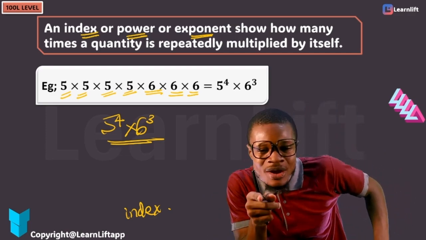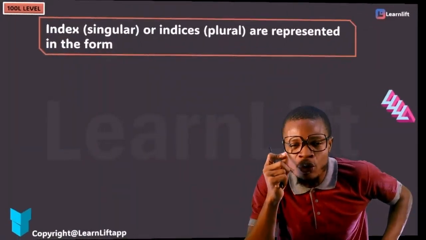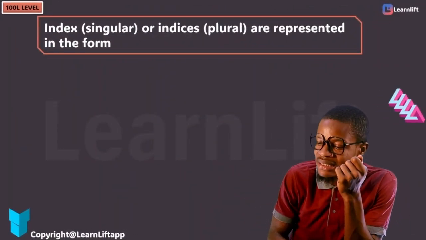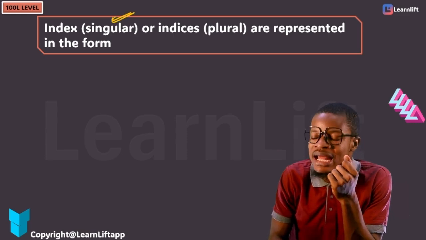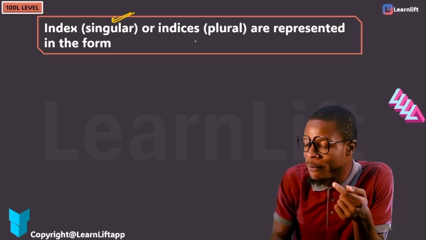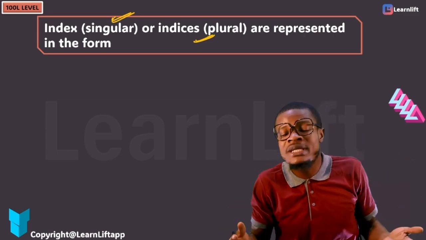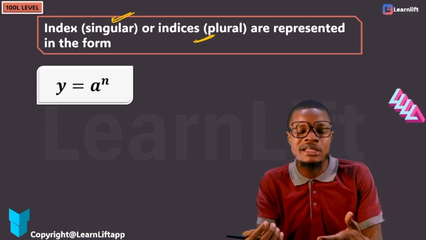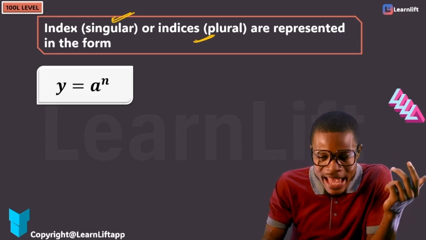Are you with me? Now that you get that, you must notice that index, like I've said, is singular. If index is singular, what will indices now be? Indices will be your plural. So how are they represented? Indices is represented in this form: y is equal to a raised to the power of n.